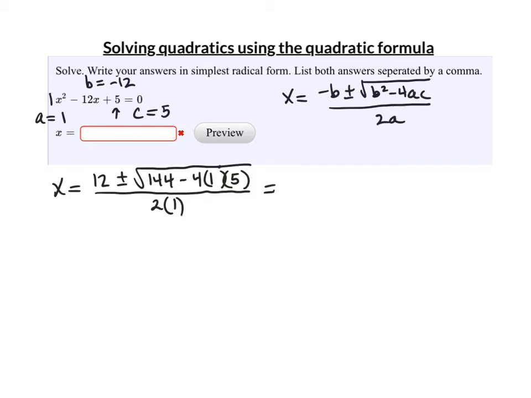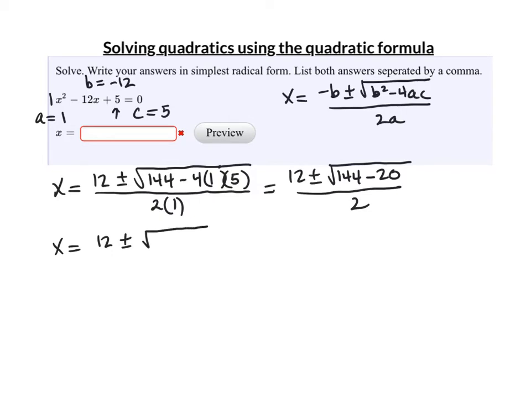All right, we'll go sideways for a bit here. 12 plus or minus the square root of 144 minus 20 all over 2. Now I'm going to go below. That's 12 plus or minus the square root of 124 divided by 2.